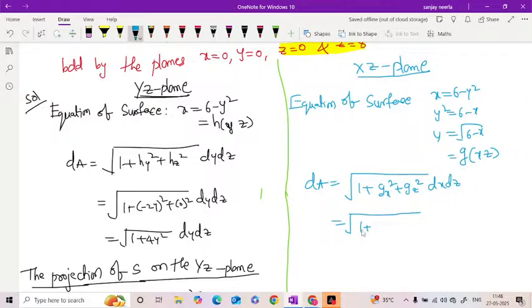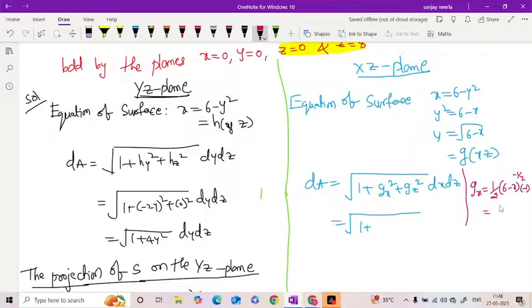After differentiating with respect to x, what is the result? g x is 1 by 2 (6 minus x) whole power minus 1 by 2 into minus 1.